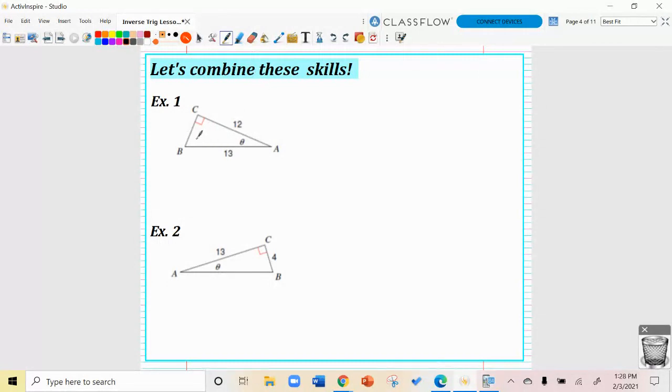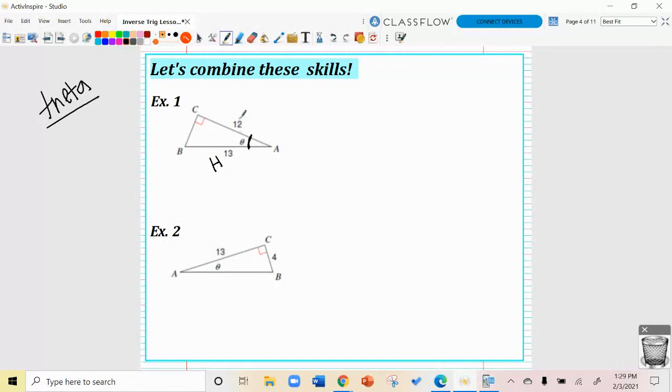In example 1 here, my goal is to solve for theta. Theta is my reference angle. Okay, so in reference to this angle, let's label our sides as we do. Nothing's changed. Here's my 90-degree angle, across from it is the hypotenuse.